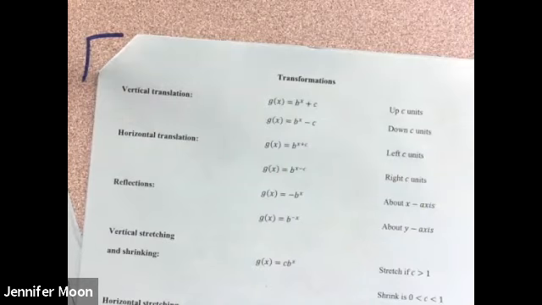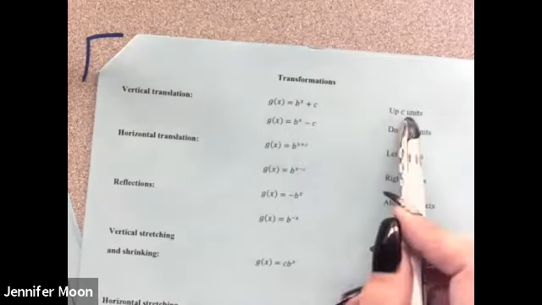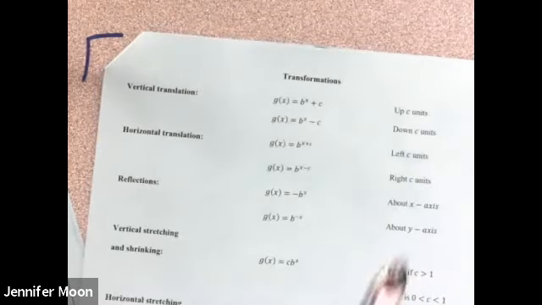It's away from my variable. Those are the ones where you do what it says: plus c, I went up; minus c, I went down, right? Does that make sense? Remember, we had a function and tacked on to the end, I had a constant. Whatever that sign is, you do what that one says. It's the other one that ended up being backwards. So plus c would be up c units, minus c would be down c units.